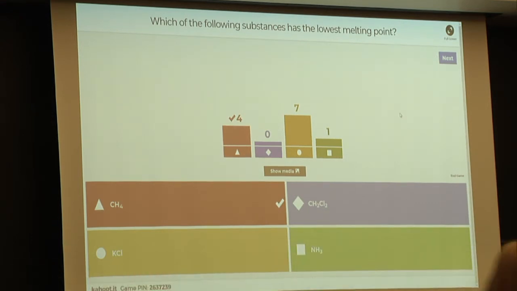Okay, you guys chose the one that has the highest melting point, not the lowest melting point. So the lowest melting point would be the one with the weakest intermolecular forces, right? So it should be CH4, not KCl. KCl would be the highest melting point. All right, next.